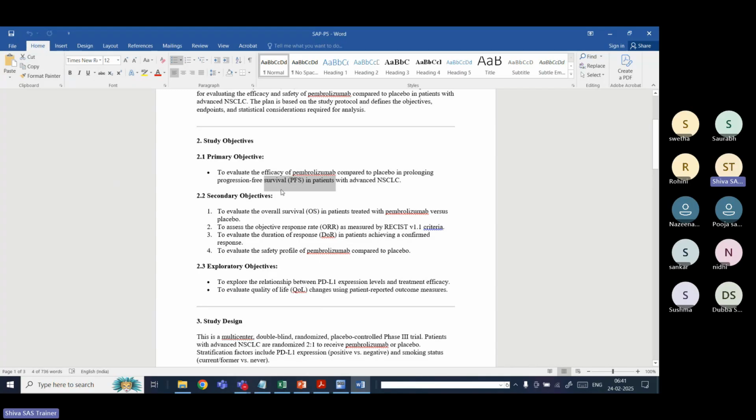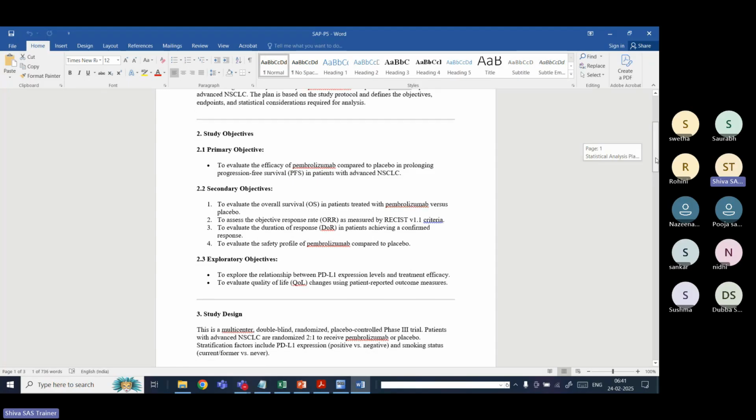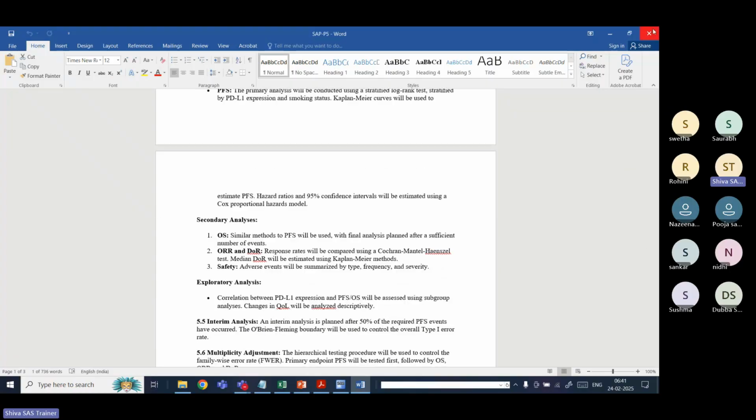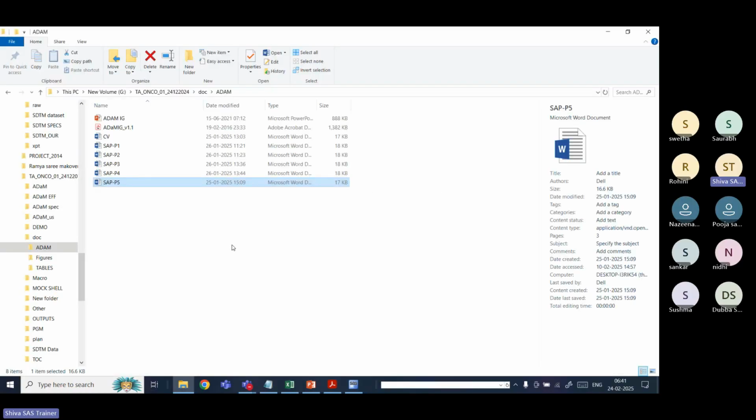Okay, so PFS is nothing but progression-free survival. Some drugs stop the growth of the cancer more effectively. That is what they check, either the drug or placebo: which drug is more effective to stop the growth of the cancer. We apply some statistical procedure and generate the tables, right?